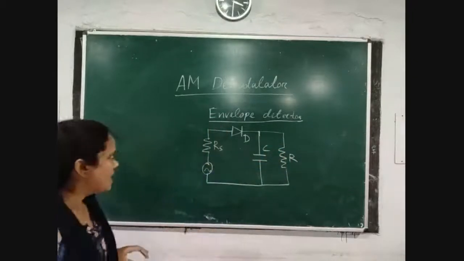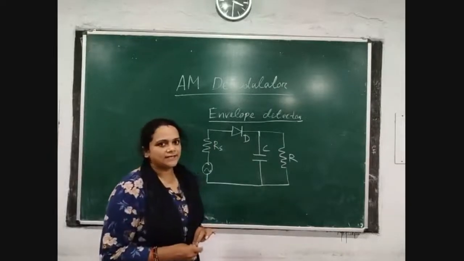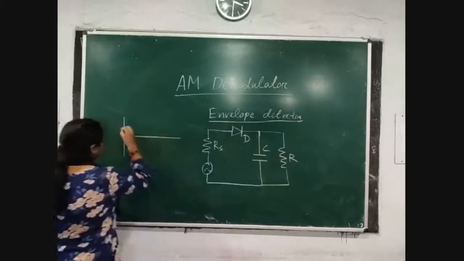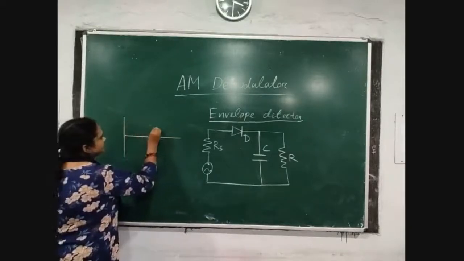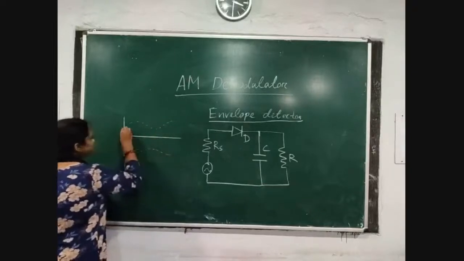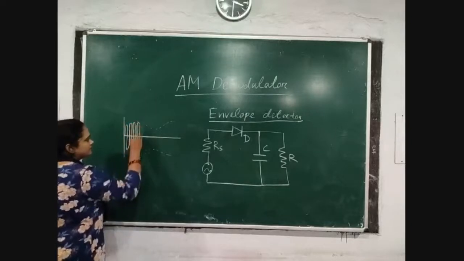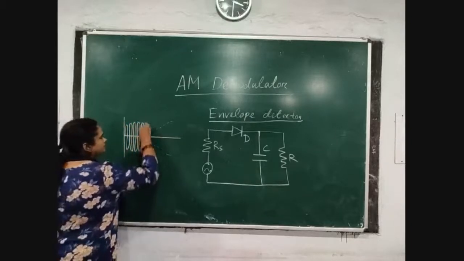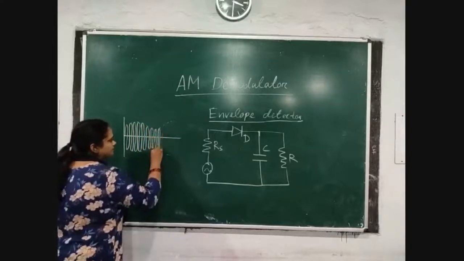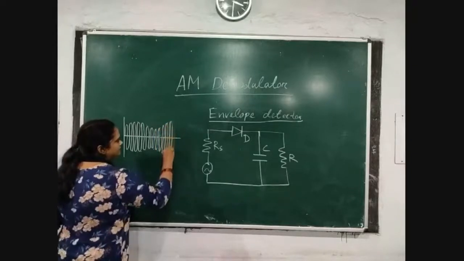As we know, the input to the envelope detector is the AM modulated signal. So, how does it look?